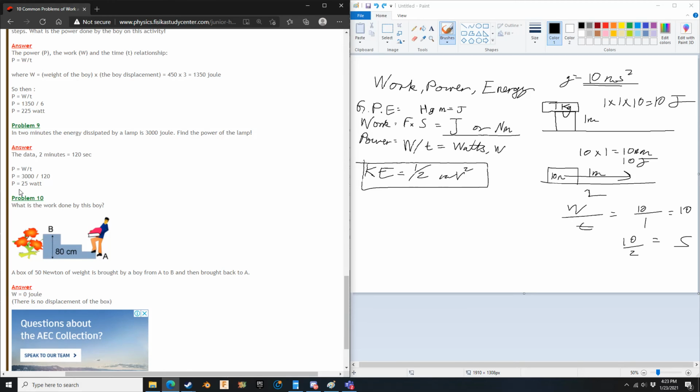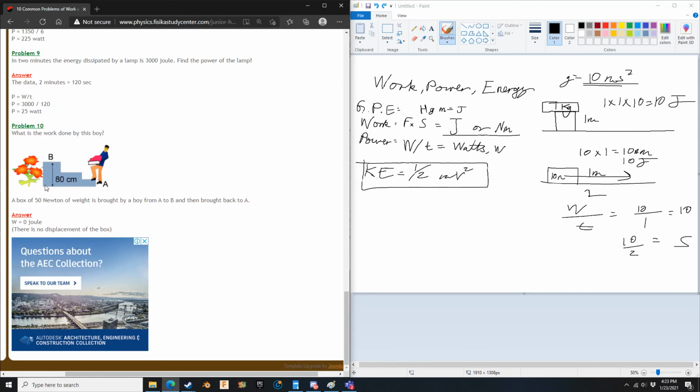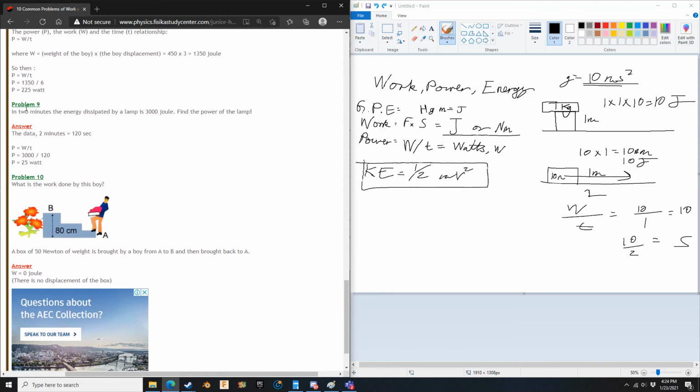So we can find out the power even though a lamp is not being moved, because the formula is perfectly fine, because it's just any type of work, and work is energy, and this is also given in joules. So even if they asked you a random energy form, you could always do it.